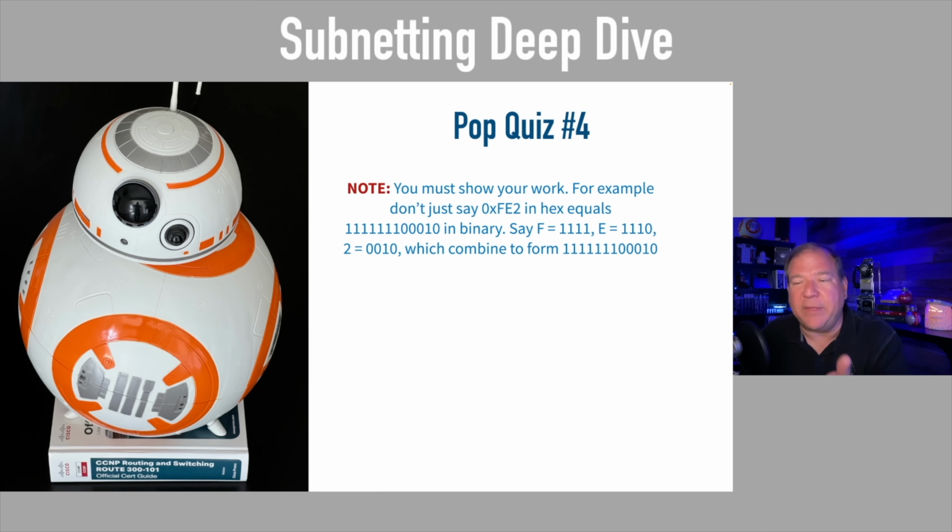Let's say I said convert FE2 into binary. I don't want you to just say it's all these ones and then 0, 0, 0, 1, 0. I want you to say the F converts to these 4 bits, the E converts to these 4 bits, the 2 converts to these 4 bits, so combined, it's these 12 bits. I want you to show your work.